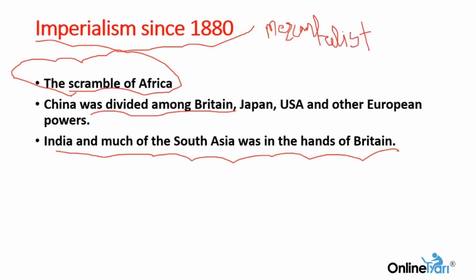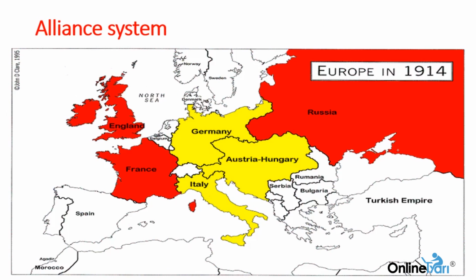Since 1880, European powers had colonies all over the world, and the countries which did not have them, like Germany, resented others and wanted to have colonies. And the alliance system, which started with France and England, first went to the Entente, England and France, and later Russia joined it also.